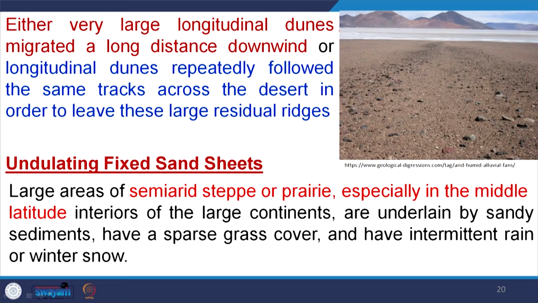Either very large longitudinal dunes migrated a long distance downwind, or longitudinal dunes repeatedly followed the same path across the desert in order to leave these large residual ridges. Now if you see this photograph, this is a linear zone through which we are concentrating these pebbles, cobbles, or larger boulders.